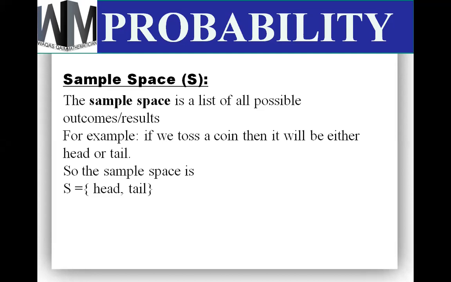This is called the sample space. And n(S) represents the number of elements in the sample space, that is, how many possible outcomes we have. We have two possible outcomes, so we write 2. If in any case we have 4 possible outcomes, then we will write n(S) = 4. So n(S) represents the count of possible outcomes. Bashur and Sarah, is it clear now?